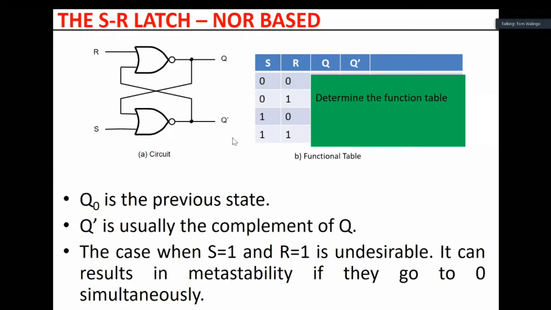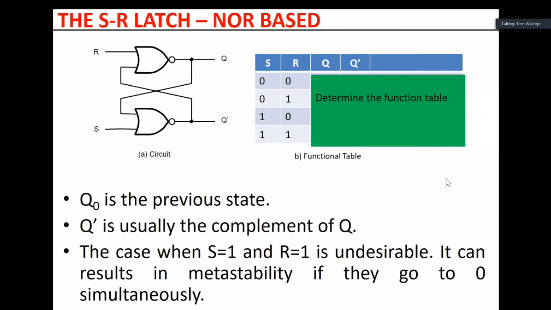The easiest way: you can go anywhere here and check where S is 1. Q complement will always be 0, and fill those places. I'm showing you the shortest way to do it. If R is 1, Q will always be 0.